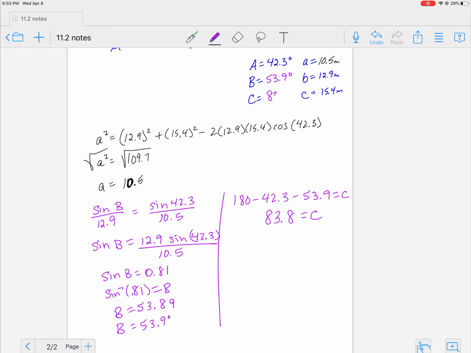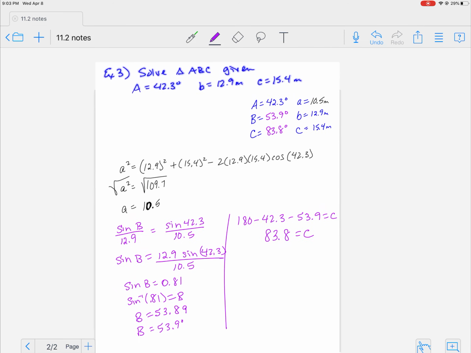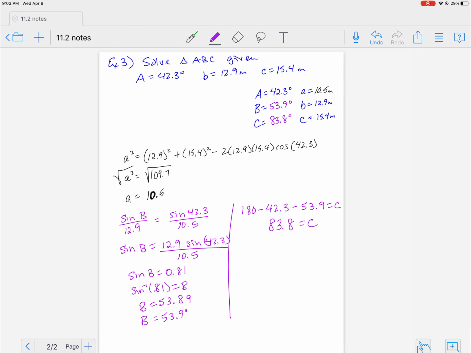And as soon as you know 2 angle measures, it's super easy to come up with the third. 180 minus 42.3, minus 53.9. So if I do all that work, 83.8 will give me C. And you have found the rest of it.